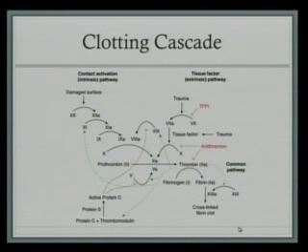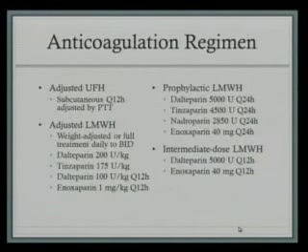There are also the direct thrombin inhibitors, and the direct factor 10 inhibitors. So there are a lot of anticoagulation regimens. We're not going to go through this, but there is adjusted dosing of unfractionated heparin, different types of low molecular weight heparin, an intermediate dosing of low molecular weight, and prophylactic dosing.